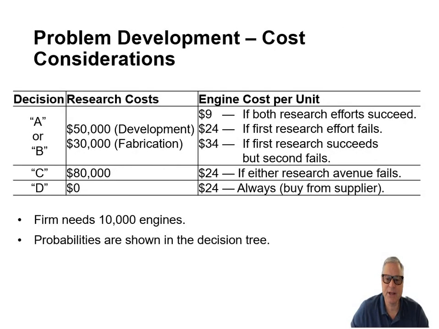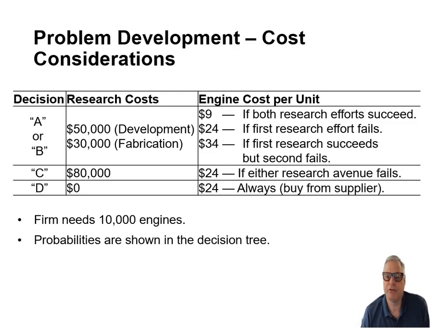Okay, so now let's take a look at some cost. So decision A or B was associated with the sequential development of the engine, which is development and fabrication. And if things go really well, meaning if both research efforts succeed, the company can produce each engine at the cost of 9.